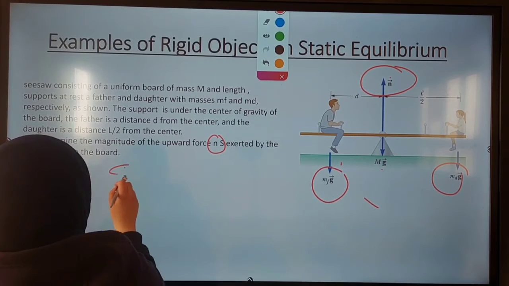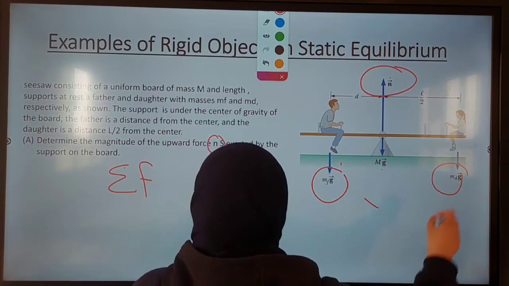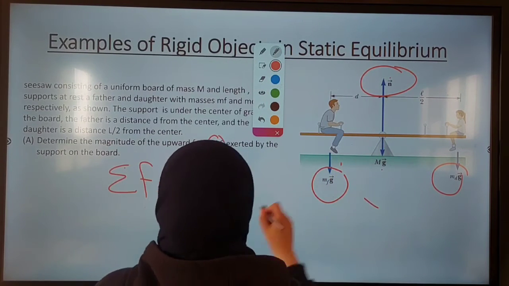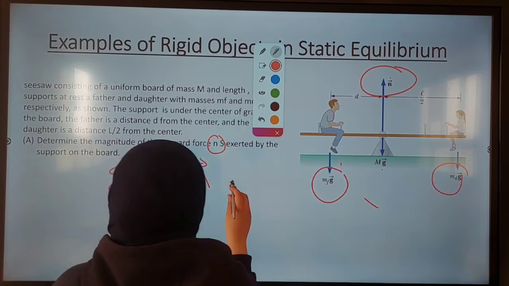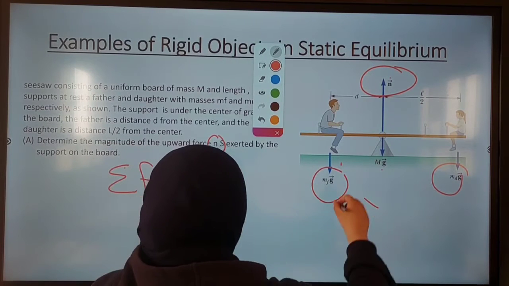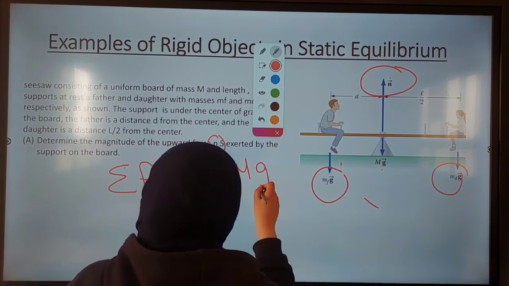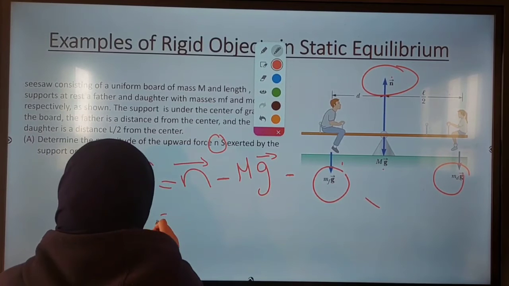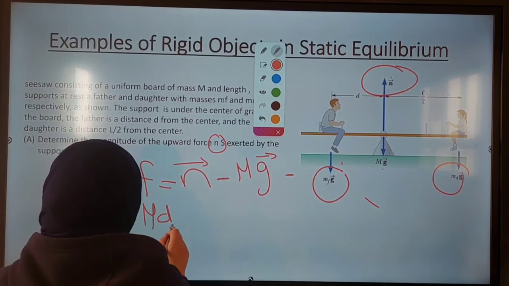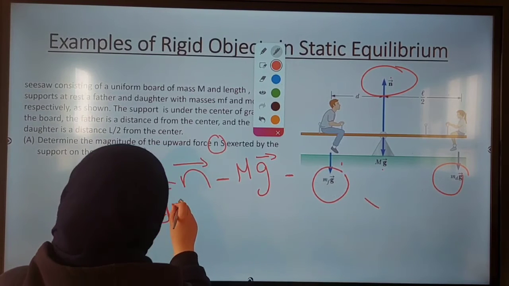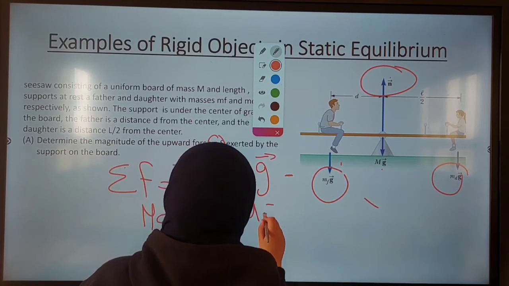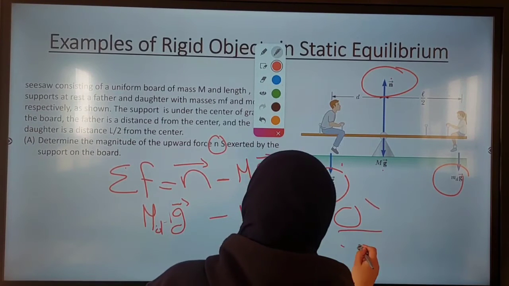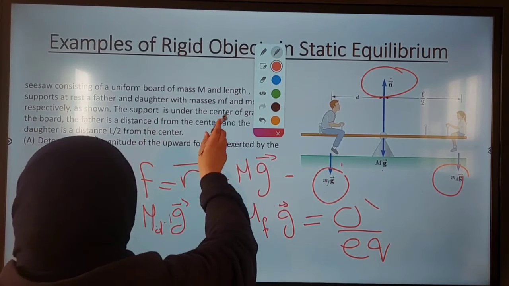At equilibrium, the summation of the forces on the y-axis equals n minus the weight of the seesaw, minus the weight of the daughter, minus the weight of the father, all equal to 0 because they are at equilibrium. As it says, it is at rest.